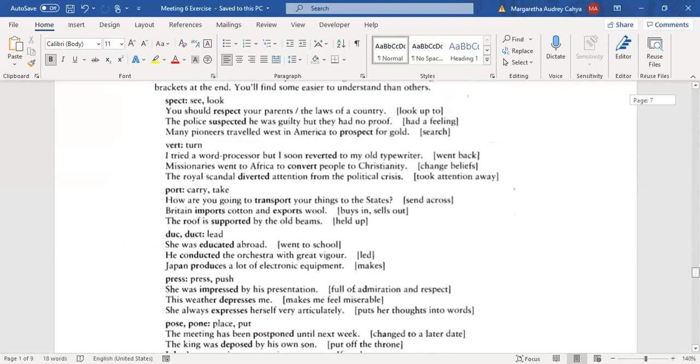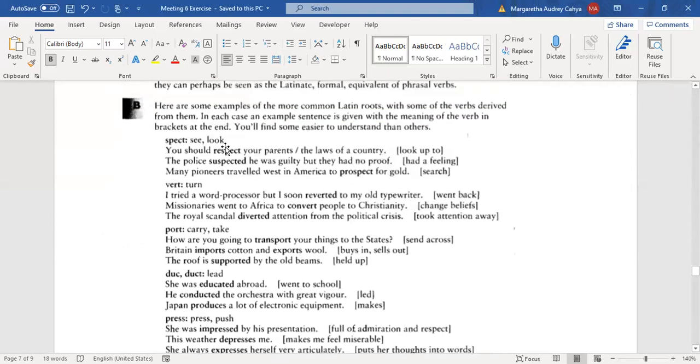See? Because ini kan udah ditambahin dengan suffix, right? This one, see, this respect. This is a suffix, right? No, this is prefix. Sorry, it's prefix.